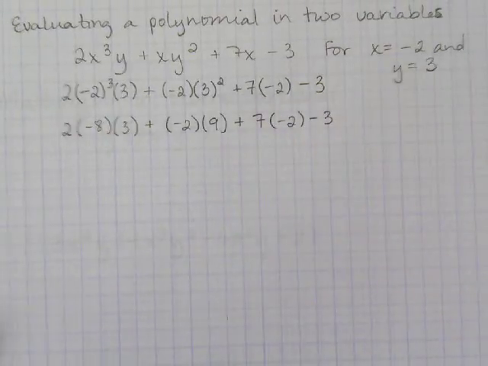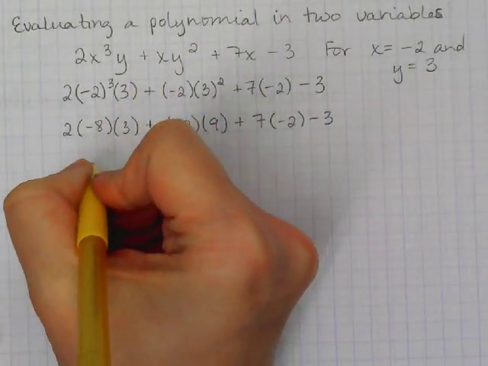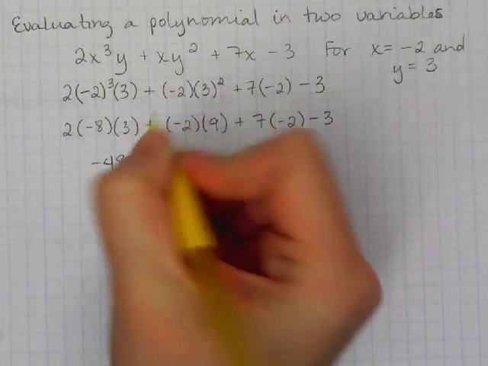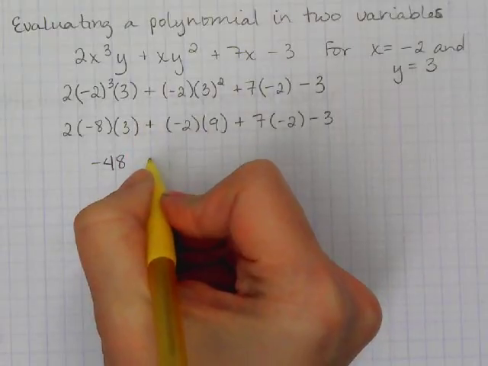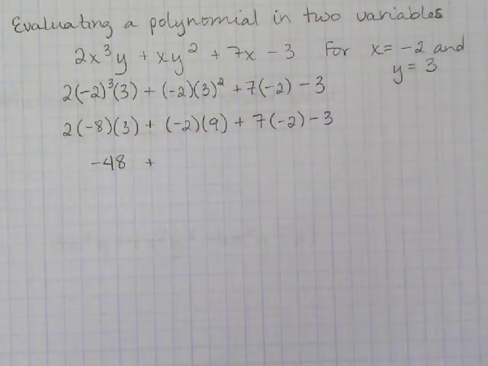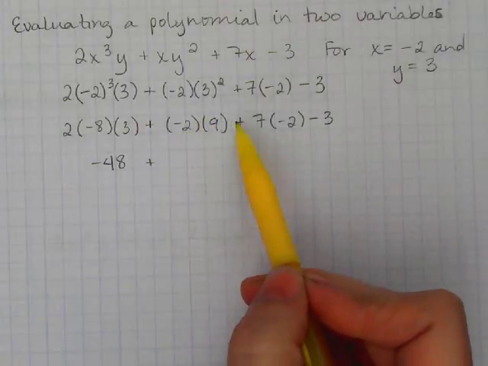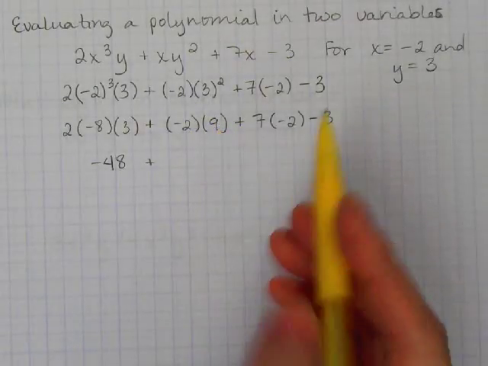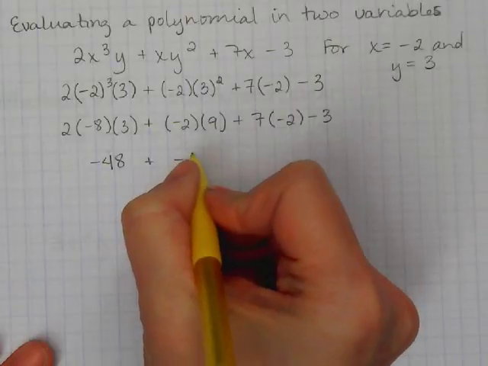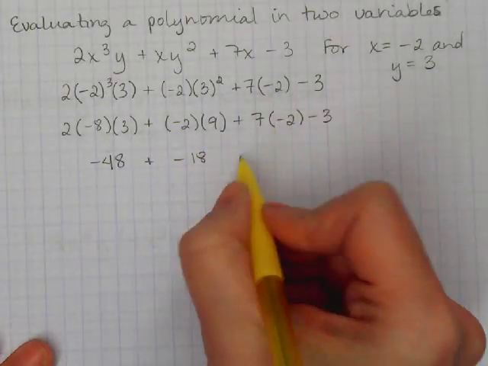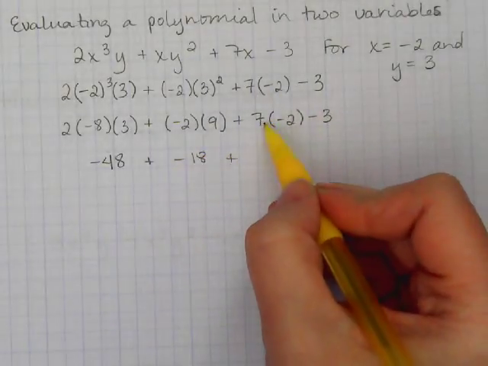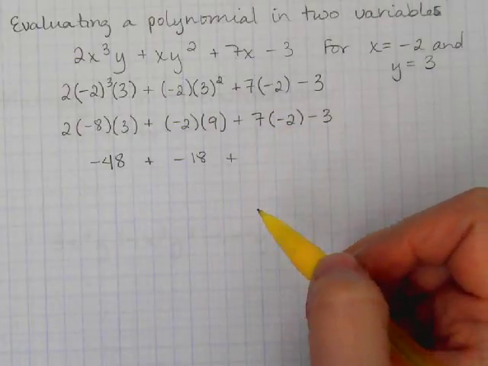I'm going to get a very, very negative number because I'm taking away from negative, so I'm going further negative. That would be the same thing if I did negative 48 plus negative 18 plus negative 14 minus 3. I would get exactly the same thing. So my answer here is negative 83.